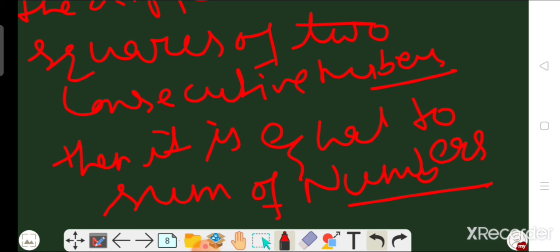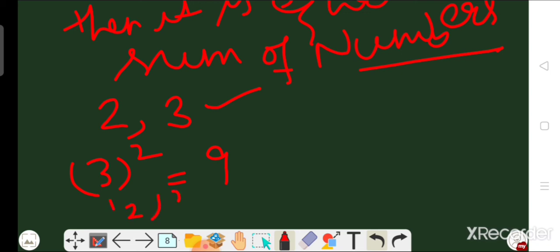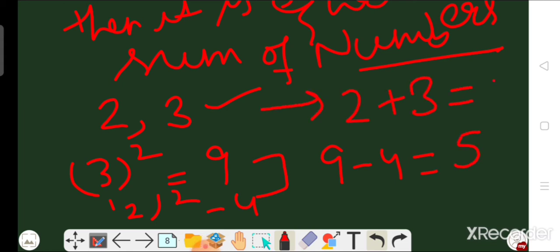By example you can easily understand this concept. If you have two consecutive numbers like 2 and 3, then you have to find the difference of their squares. So square of 3 is equal to 9 and square of 2 is equal to 4. From here their difference is 9 minus 4, that is 5, and the sum of 2 and 3 is also 5.